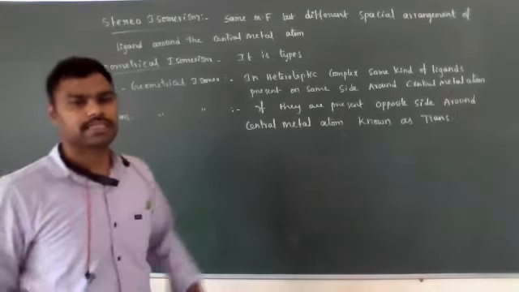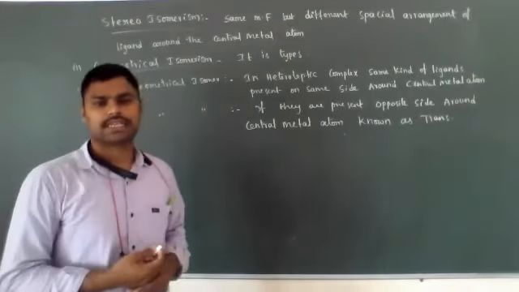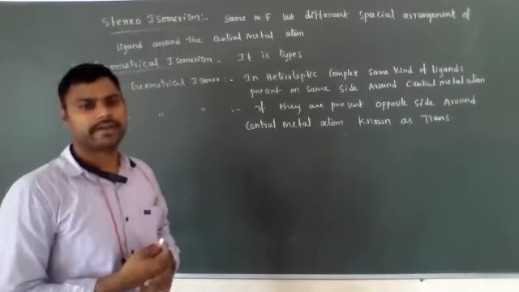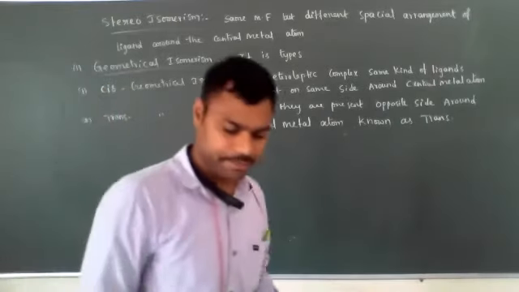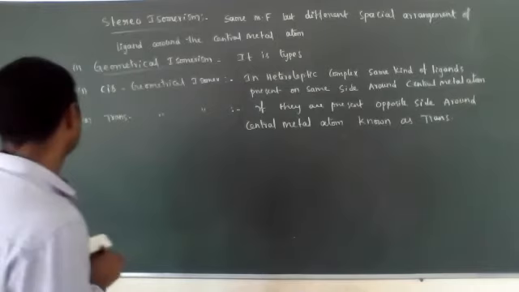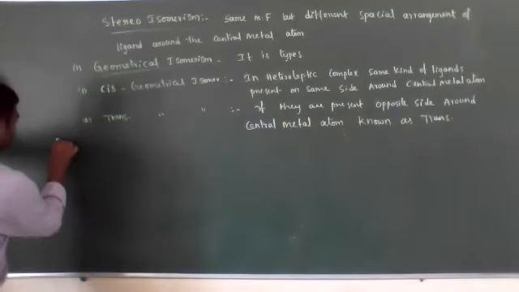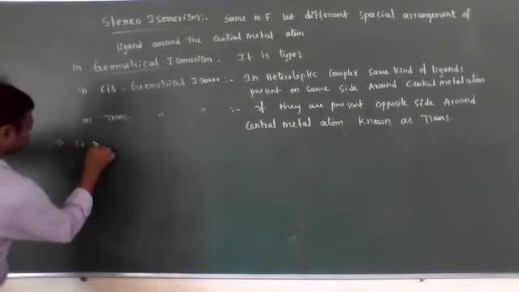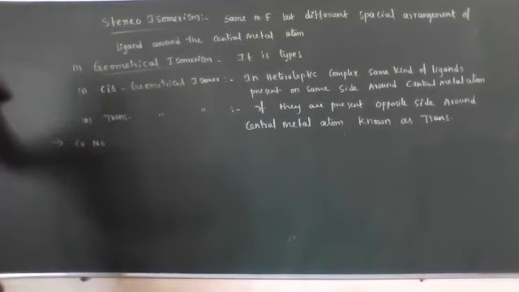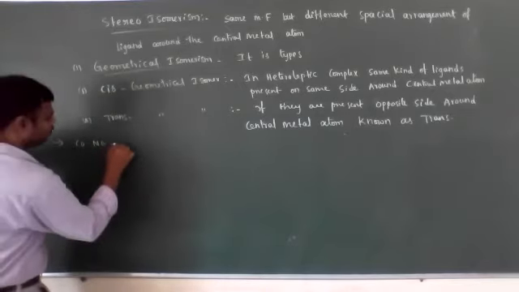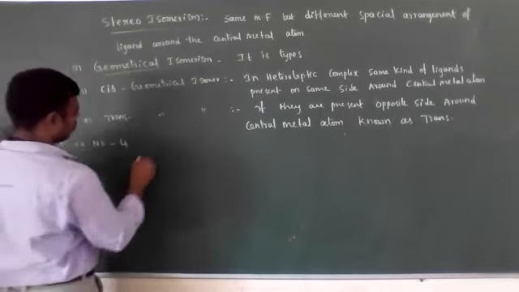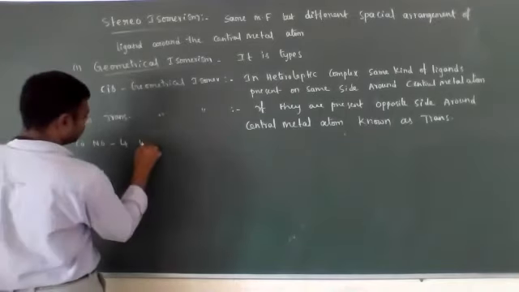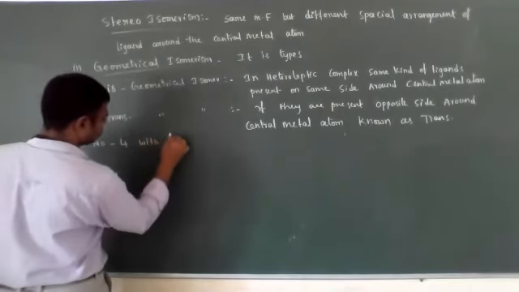Coordination number 4 means two types of structures are present. One is tetrahedral geometry, the second one is square planar geometry. Let's see, coordination number 4 with tetrahedral complexes.